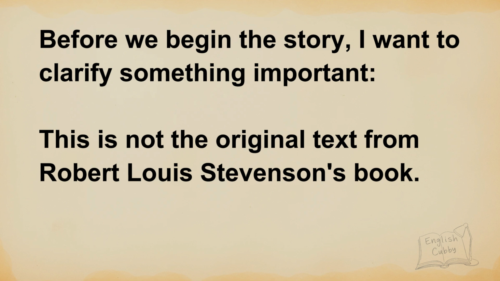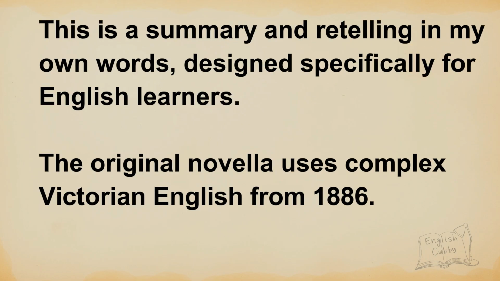Before we begin the story, I want to clarify something important. This is not the original text from Robert Louis Stevenson's book. This is a summary and retelling in my own words, designed specifically for English learners. The original novella uses complex Victorian English from 1886.